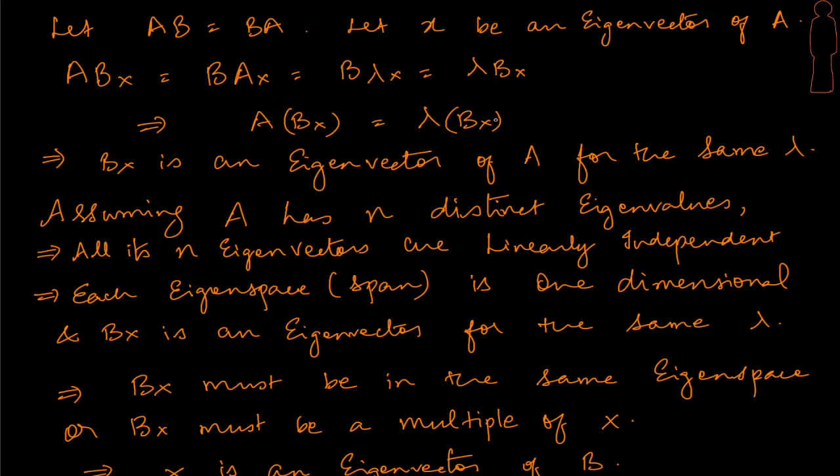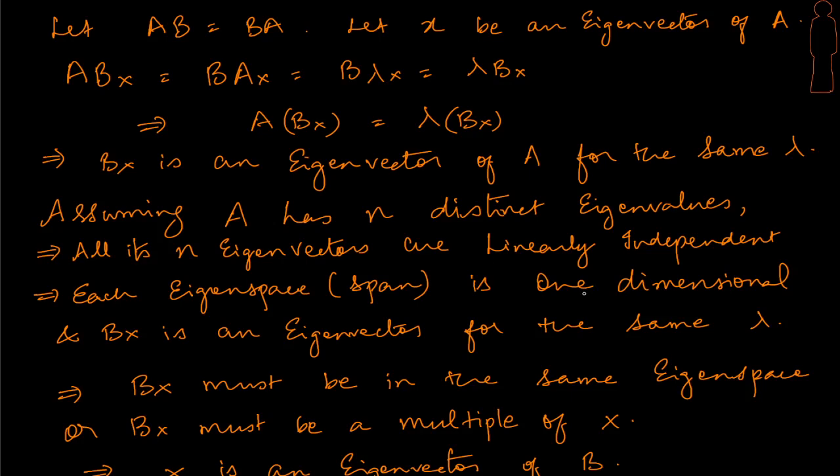Now, take a look at this. Bx is an eigenvector for the same lambda, which means that it must be in the same eigenspace as the corresponding eigenvector x we had. Why am I saying that? That's because all the eigenspaces are one-dimensional. The direction really does not change.